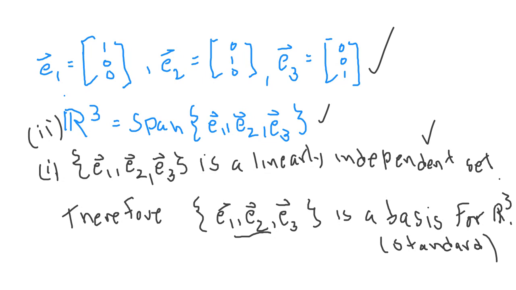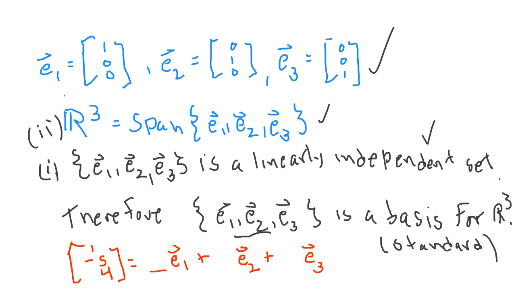Like, for example, take the vector 1, -5, and 4. 1, -5, and 4 would equal something E1 plus something E2 plus something E3. We're in section 4.3 now.